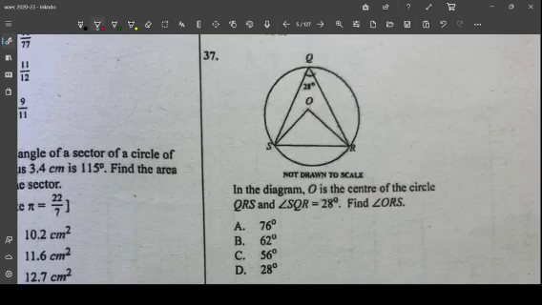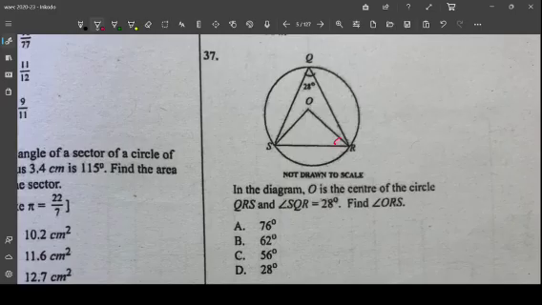All right, let's look at question number 37. It says that in the diagram, O is the center of the circle, QRS, and the angle SQR is 28 degrees. And we are told to find angle ORS. Now, let's look at this.